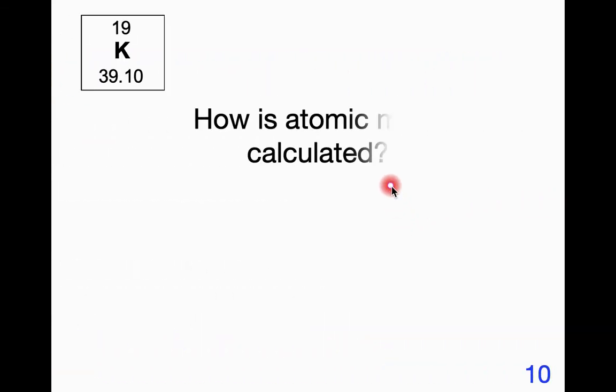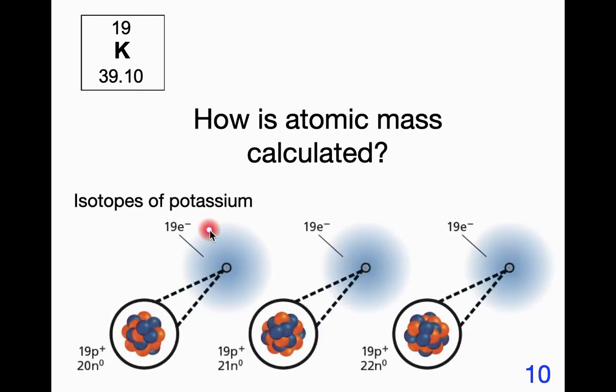All right, now, how is atomic mass calculated? How do we come up with that number? So break out your calculator and your periodic table. So when we look at this number, 39.10, well, remember that potassium has 3 different isotopes. So what do we do? Add the 3 together and divide by 3 to get that number?